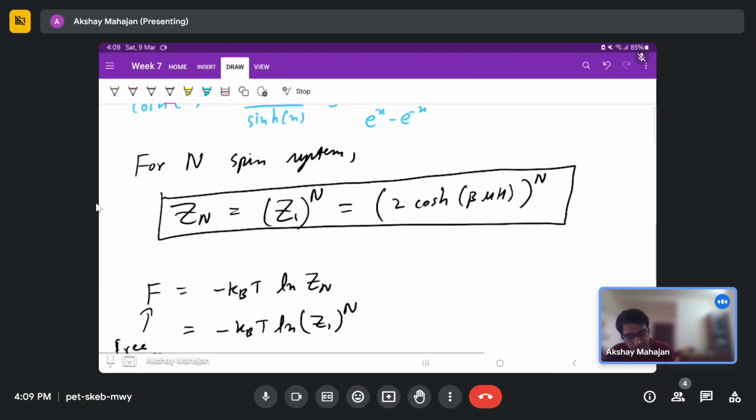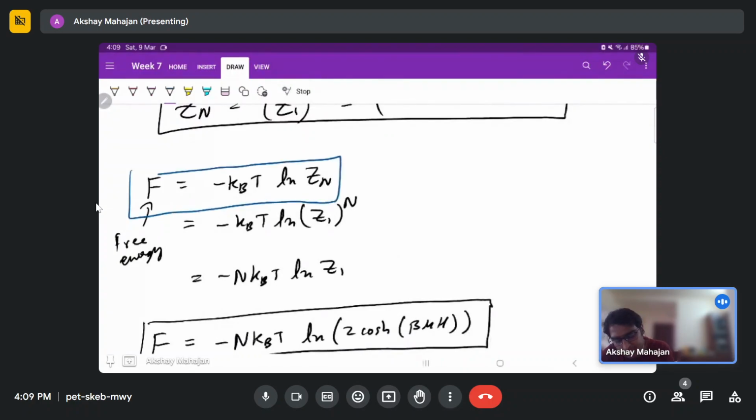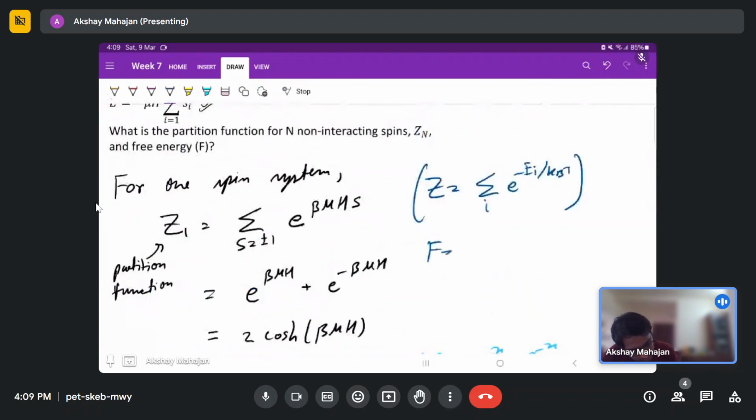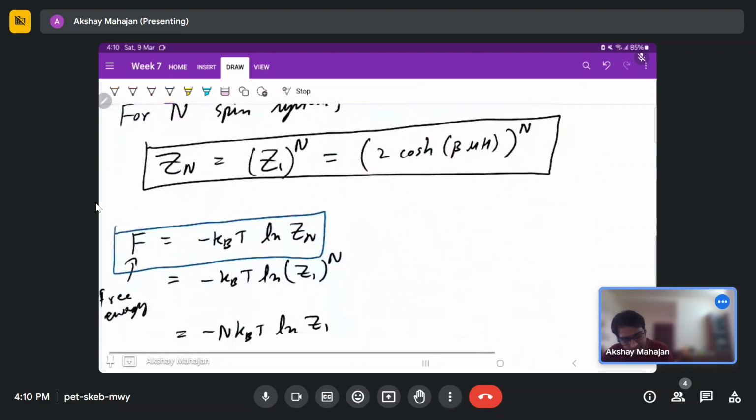And then the free energy is given by this formula, minus k_B T ln of the partition function. So you just have to use these two important formulas for this problem, and then we get the answer.